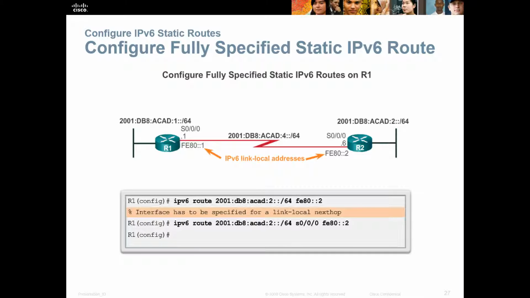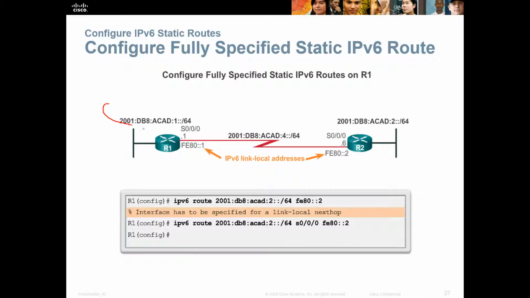Configuring a fully specified static IPv6 route. What you can do is tell it ipv6 route 2001:DB8:ACAD:2, that's DB8, that's going to be right on this side of the router.